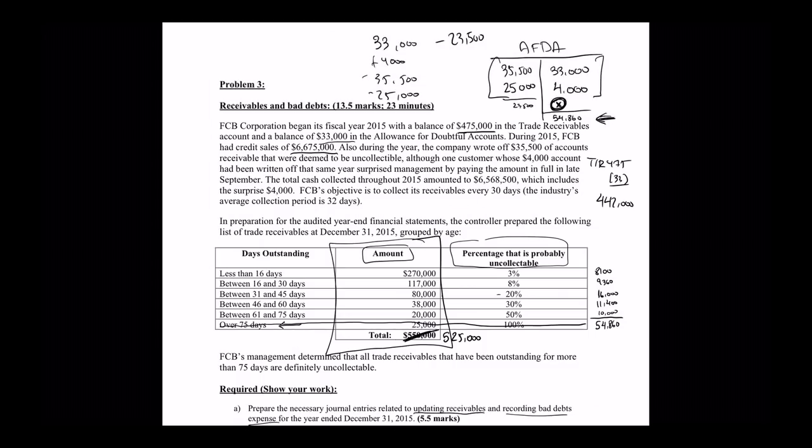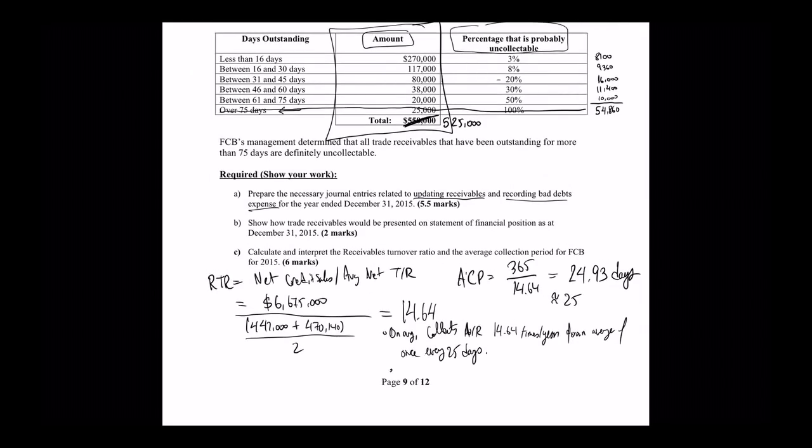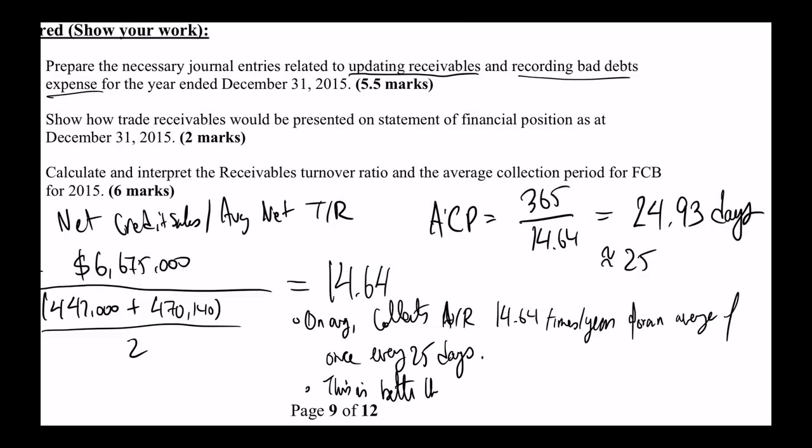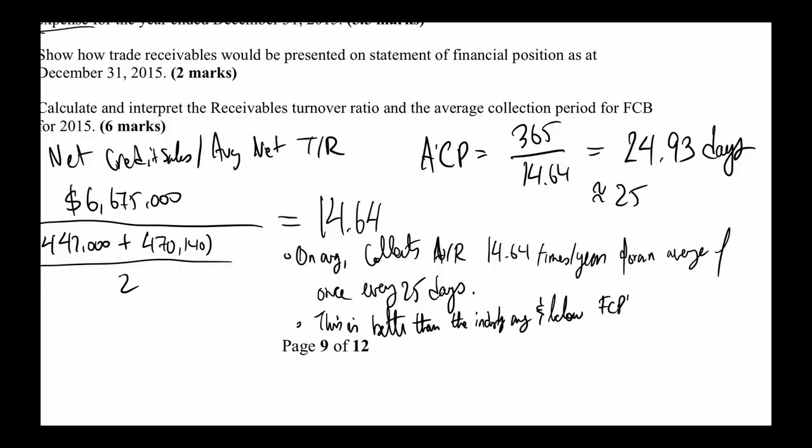And if you recall, the objective is every 30 days, and the industry average is 32 days. So we can say this is better than the industry average and below FCB's collection standard, their collection objective.